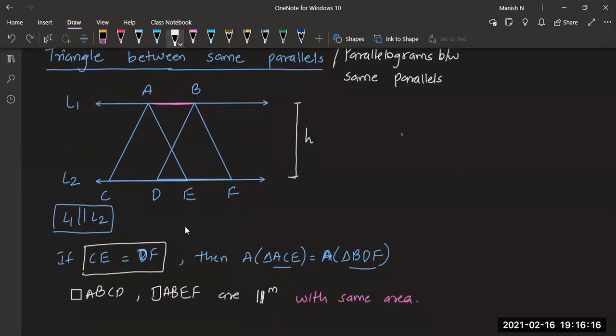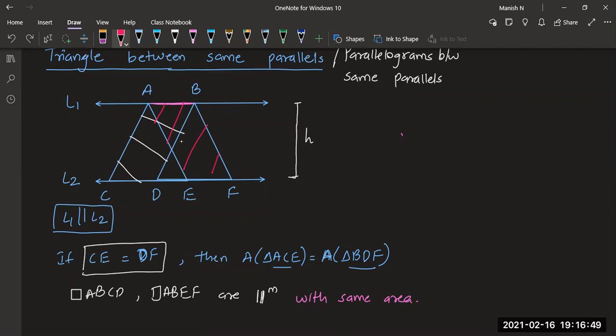Similarly, if you are drawing parallelograms between these two parallels, that is quadrilateral ABCD and quadrilateral ABEF, you can spot them in the diagram. These both will also have equal area because they are between same parallels L1 and L2, so their heights are same, and they are drawn with same base, that is they have a common base AB.